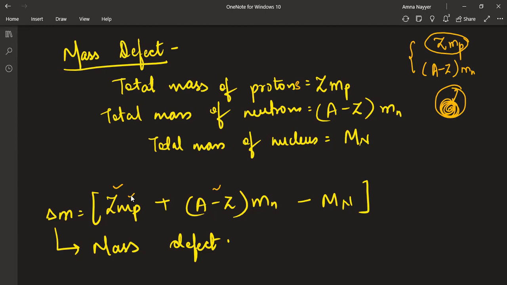More importantly than mass defect itself, we focus on it to understand the concept of binding energy. Binding energy means: if I have this nucleus and break it into its components, protons and neutrons, the energy required to separate all the constituents into individual components is known as binding energy.